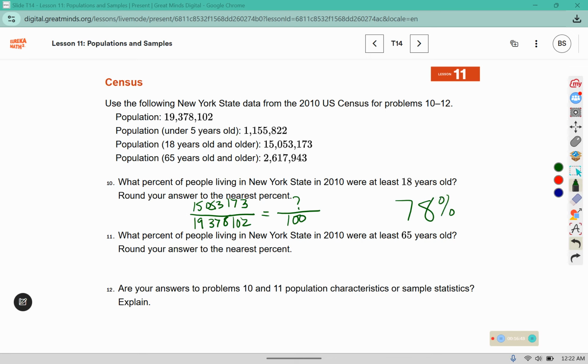What percent of people living in New York were at least 65 years old? So that is 2,617,943 out of the entire population.